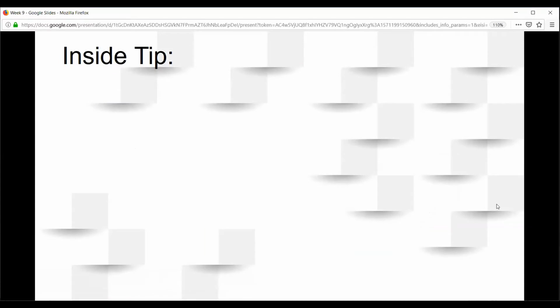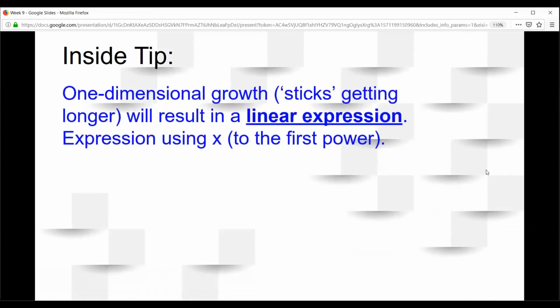Okay, I'd like to give you an inside tip here on finding these expressions. If we have one-dimensional growth, in other words, sticks that are growing, just getting longer or shorter, this is going to result in a linear expression, which means the expression is just going to be x to the first power.